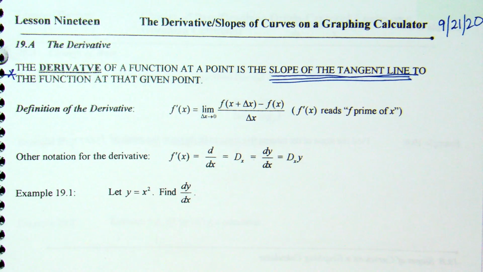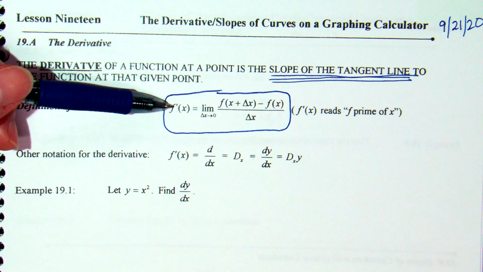The derivative of a function at a point is the slope of the tangent line to the function at that given point. Now, the definition of the derivative. There's technically about 3 forms of the definition of the derivative. The one I'm introducing today is this right here. First of all, you see that little apostrophe? In math, that notates a derivative.